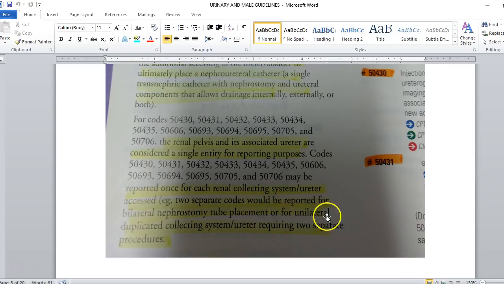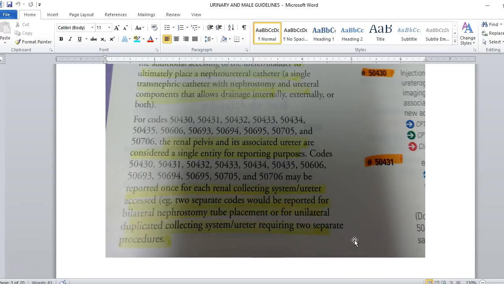So again, we're using it as basically a single body part. Now it goes on to tell us 50430, 31, 32, 33, 34, 35, 50606, 693, 94, 95, 705, and 706 may be reported once for each renal collecting system or ureter access. So 2 separate codes would be reported for a bilateral nephrostomy tube placement or for a unilateral duplicated collecting system for the ureter requiring 2 separate procedures, okay?